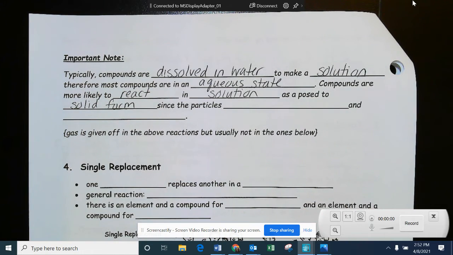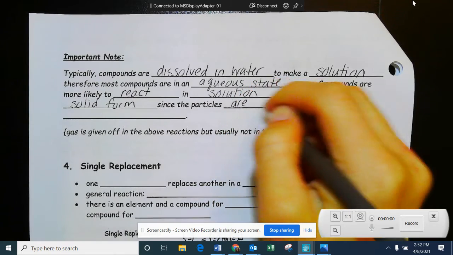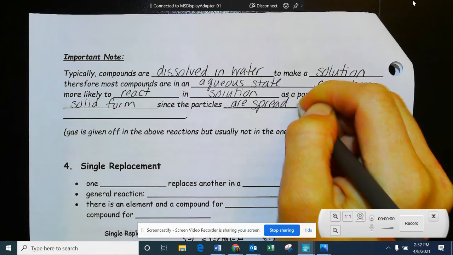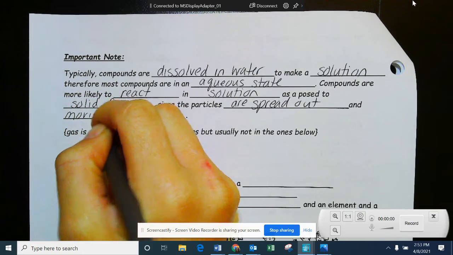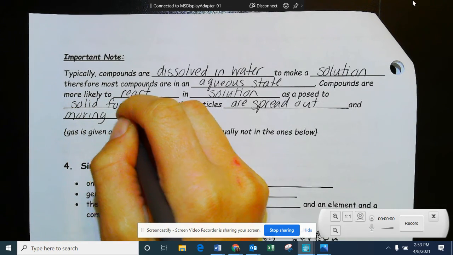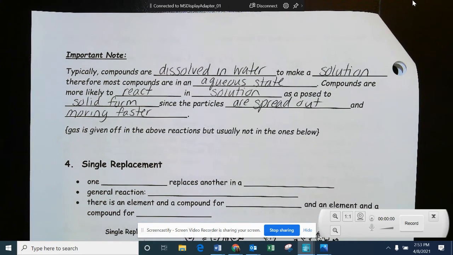So when you've got something in solution, like if you've got salt in a water solution versus a pile of salt, that salt that's in a water solution is aqueous, and the molecules are spread out quite a bit more, and they're just able to react better than a pile of solid salt. So because the particles are spread out, and they're also moving faster. We know that when things are in solid form, they are quite close together, and those molecules aren't moving around very much.